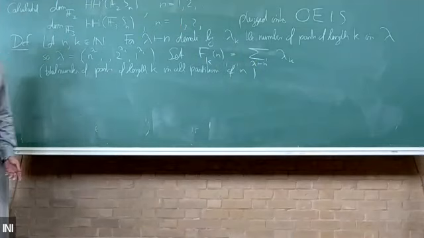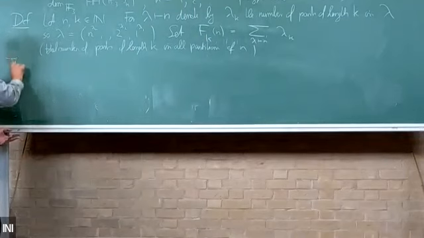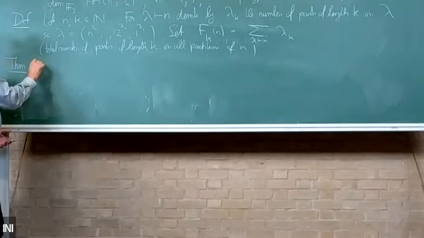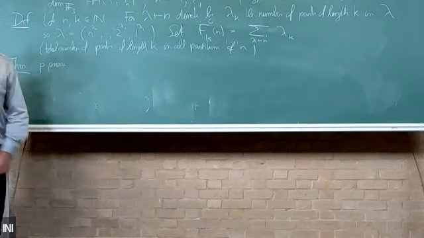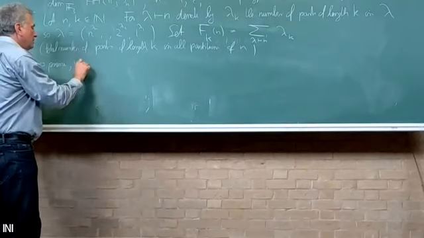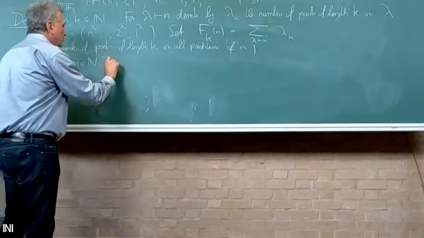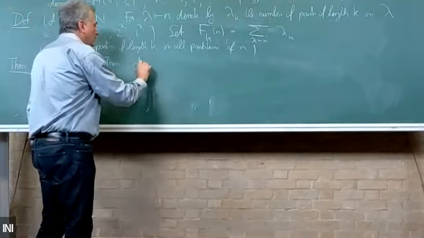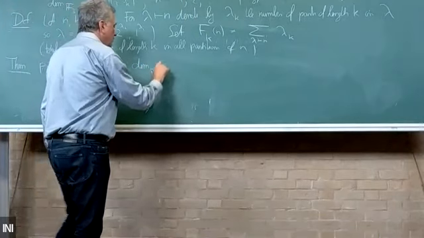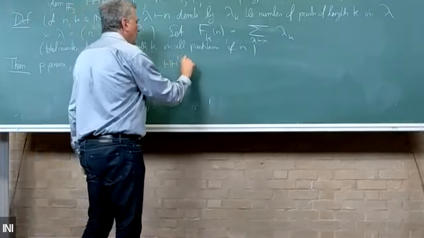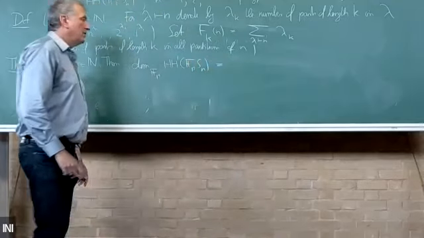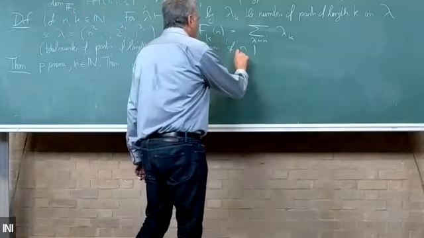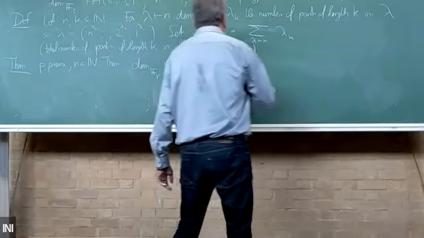And our theorem then says, if we take p prime and we take a positive integer n, then the dimension over F_p of the first Hochschild cohomology is equal to, and we have to distinguish the cases where p is 2 and p is odd.